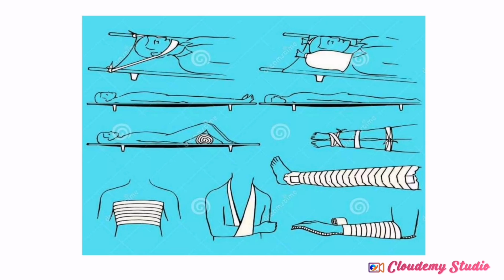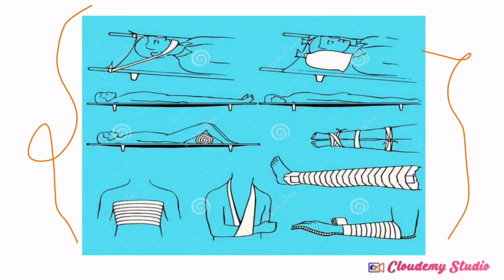Okay, so this is just explaining how the management can be done. This is how you can tighten the bandage to balance the injured part. You can take it like this. So these are forms of how a bandage can be put on a casualty, depending on the condition.